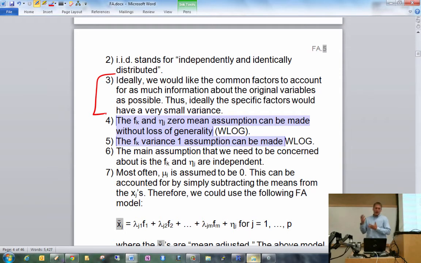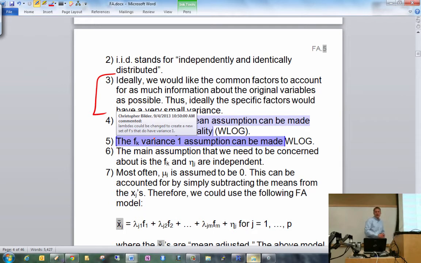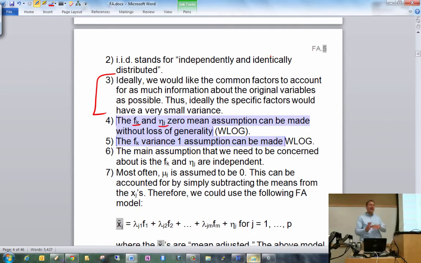Now there were a number of these assumptions that I was mentioning to you. First of all, these f's and these etas have a mean of 0, and that assumption is not really a big deal because if they didn't have a mean of 0, we could basically suck up this non-zero mean into our mu's in our factor analysis model. Also, it's not a big deal that the f's have a variance of 1.